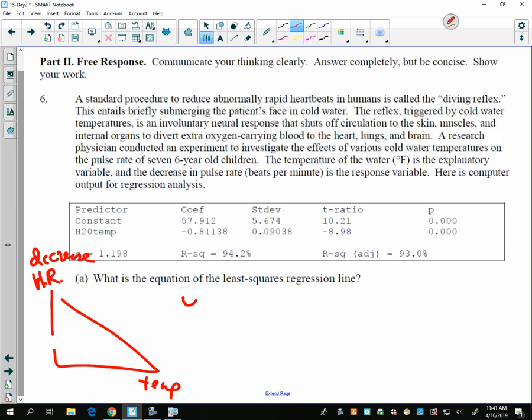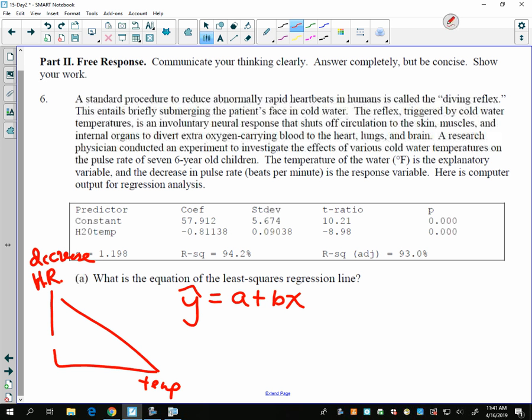So y hat equals a plus bx, right? And we have to define our variables. What's the y, guys, in context after we just kind of, a decrease, right? Y is the decrease. No, temperature is x.